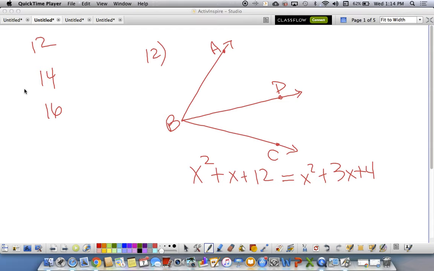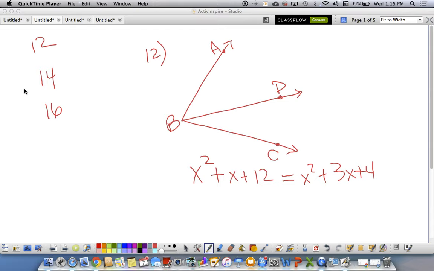It's a lot easier than you think. Okay? I need to know that you can algebra. I mean, subtract x squared from both sides. Then it's gone. There's no more quadratic. Then you have x plus 12 equals 3x plus 4.